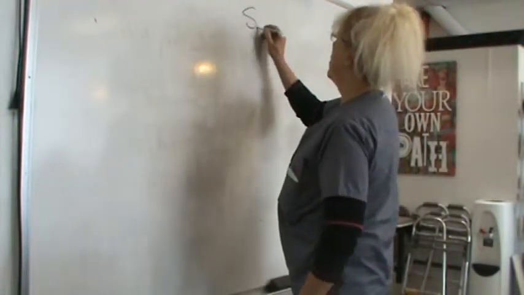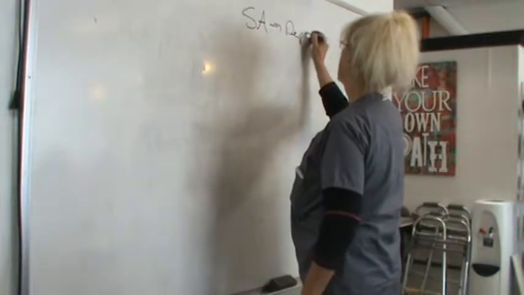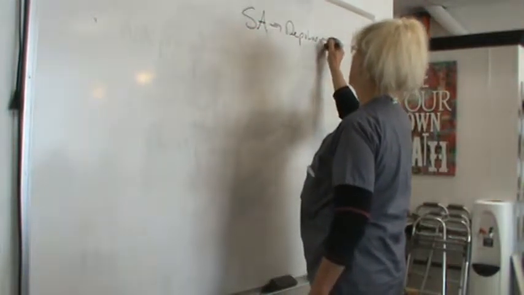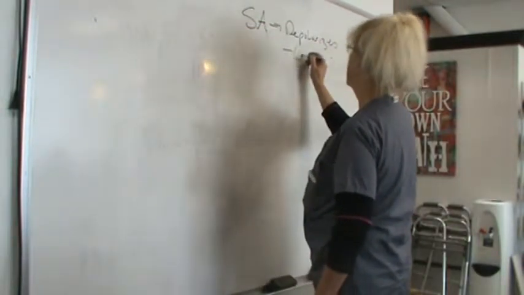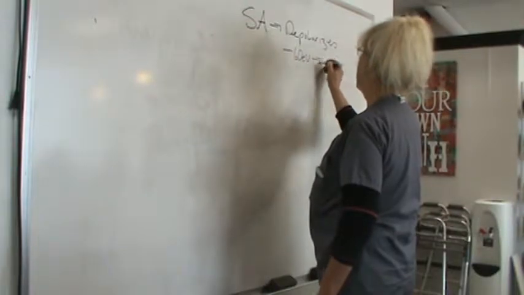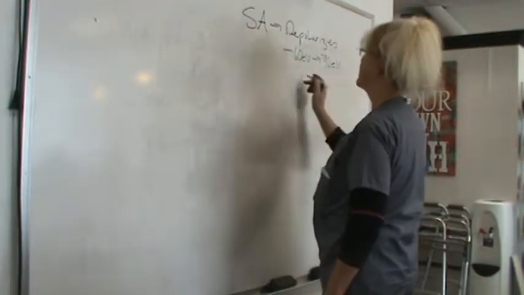So the SA node gets hit with electrons, it depolarizes from negative 60 to negative 90 electron volts. It depolarizes.